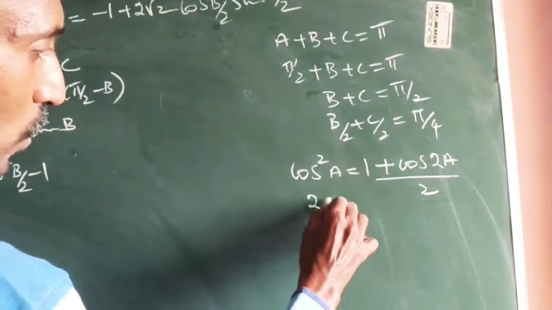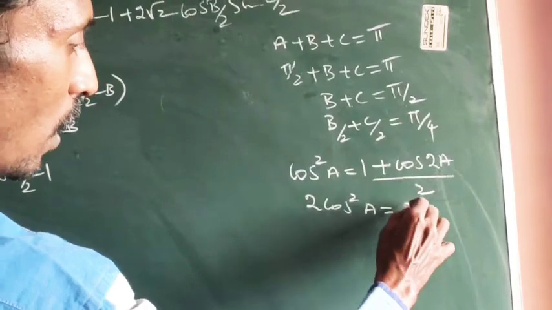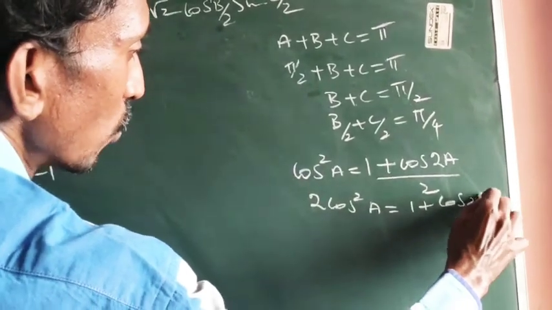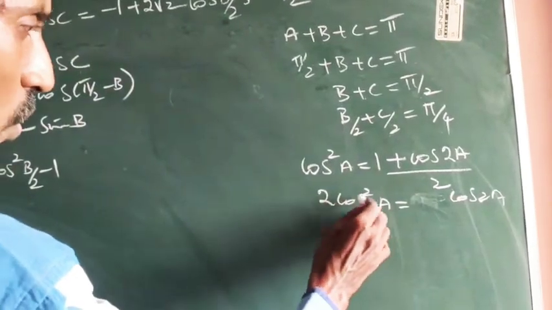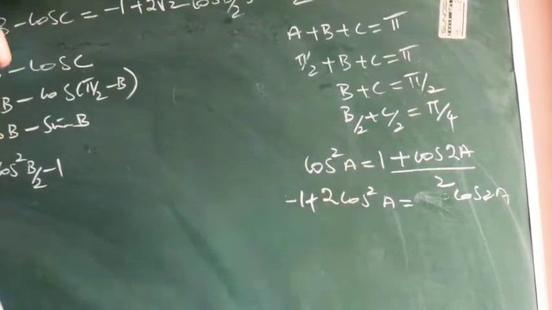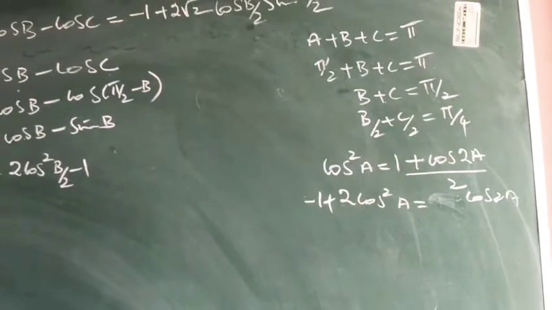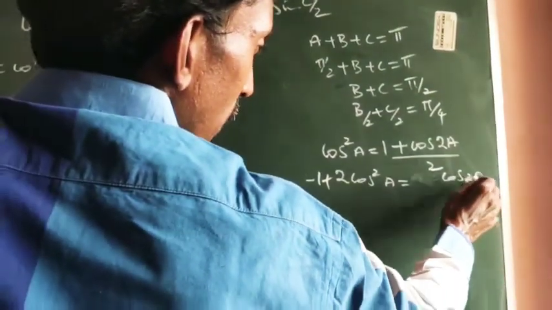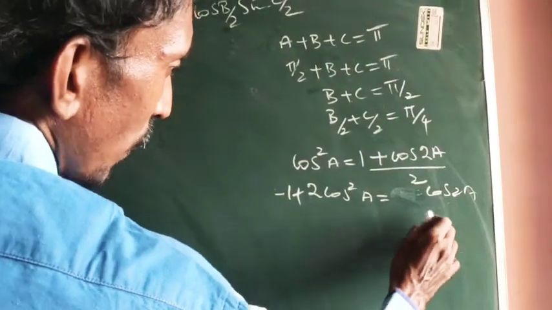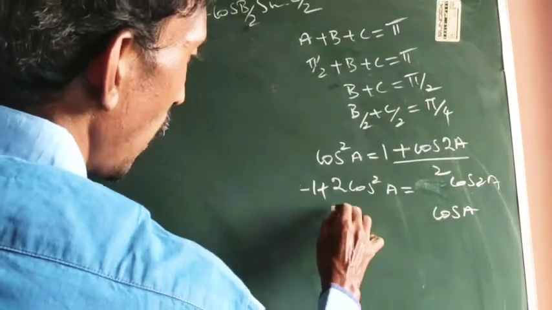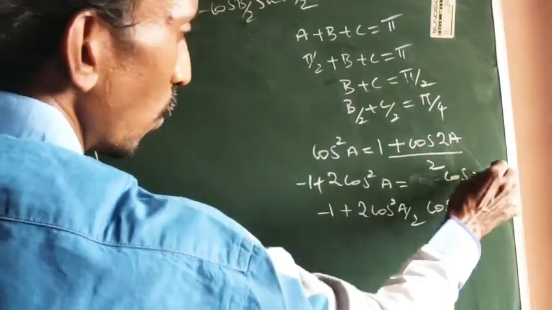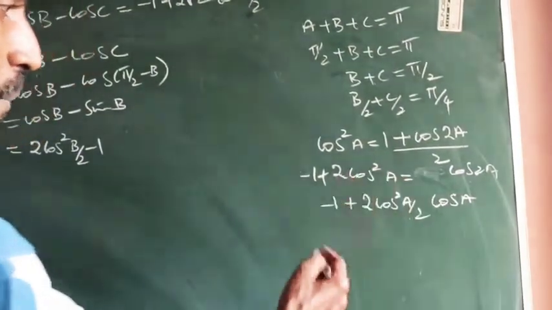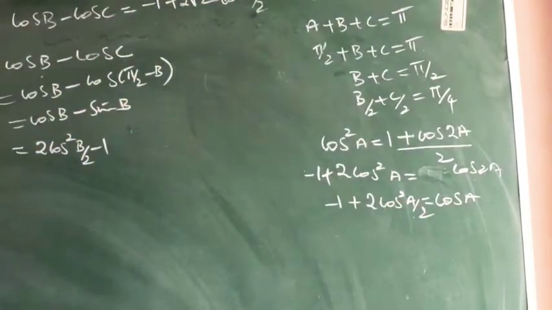We cross multiply: 2 cos square A equal to 1 plus cos 2A. So cos 2A equal to 2 cos square A minus 1. Instead of 2A here, A is present, so cos A equal to 2 cos square (A by 2) minus 1. 2A becomes A, then A becomes A by 2. So that is the first one.